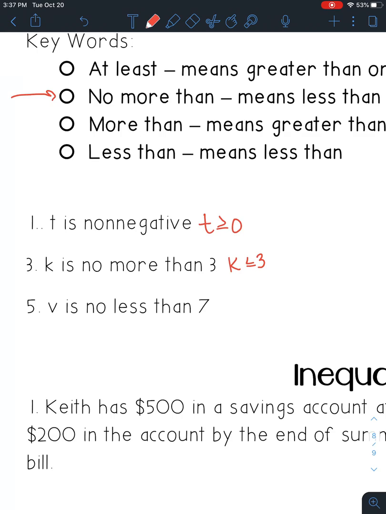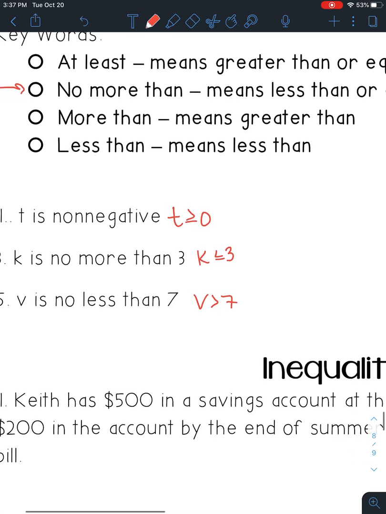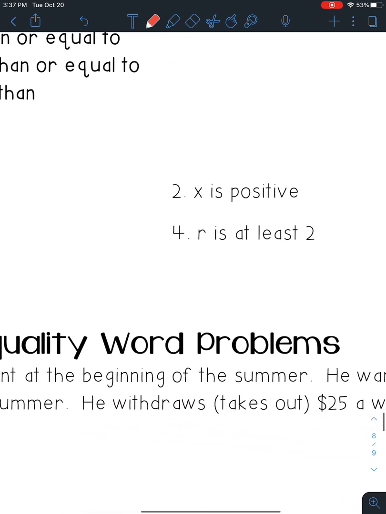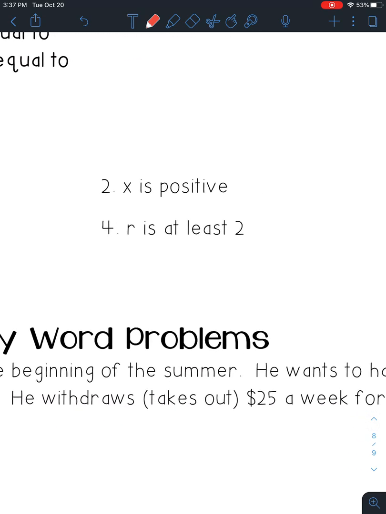V is no less than 7. So that means V is greater than or equal to 7. All right, let's do the next one. X is positive.